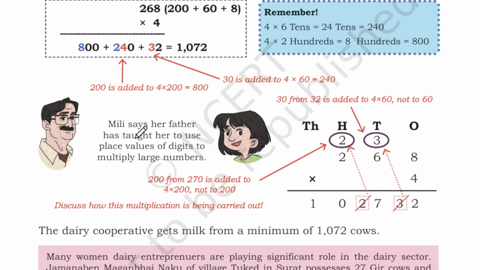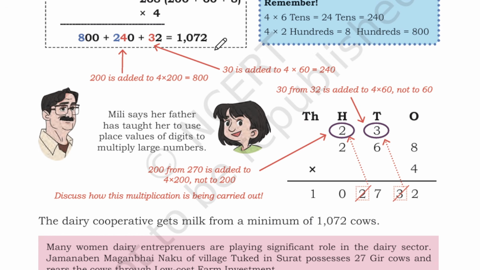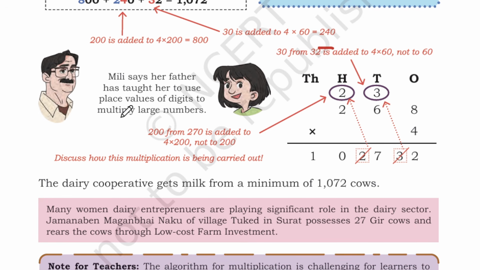Okay, so these are remembering points, students. Okay, so 4 into 200 is 800. 4 into 60 is 240. So Millie says her father has taught her to use place value of digits to multiply larger numbers. Yes.